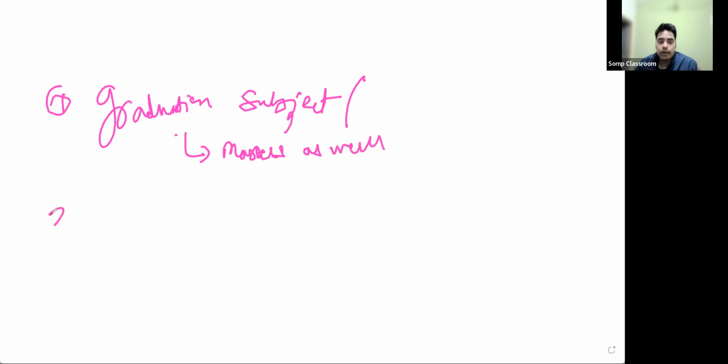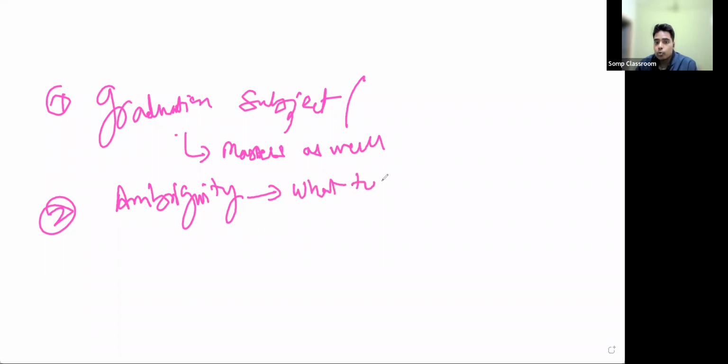The second category of students are the students who have no clue what to take as an optional. They just know that they have to appear for the examination. This category is not well versed with their graduation subjects, so they are in a kind of ambiguity about what to choose for optional.